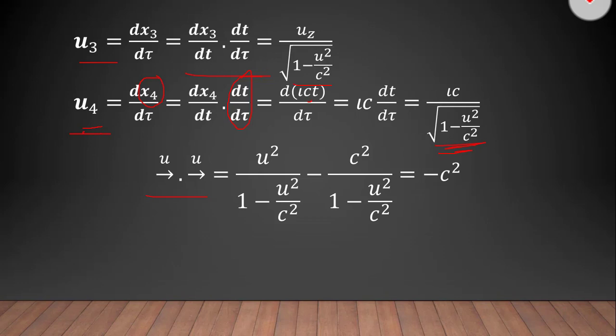So taking u dot u, the first 3 components will give you the velocity components: ux square plus uy square plus uz square will become u square, upon, as you know, the square root had 2 terms, so it will come out of the square root, so it will be u square upon 1 minus u square over c square, minus, and for the fourth component u4 dot u4, it will be c square upon 1 minus u square over c square. If you solve this equation, you will get the value minus c square.